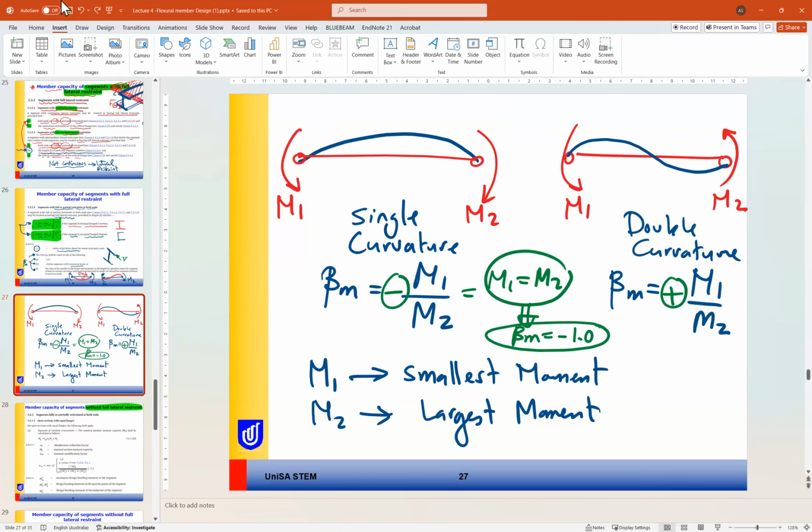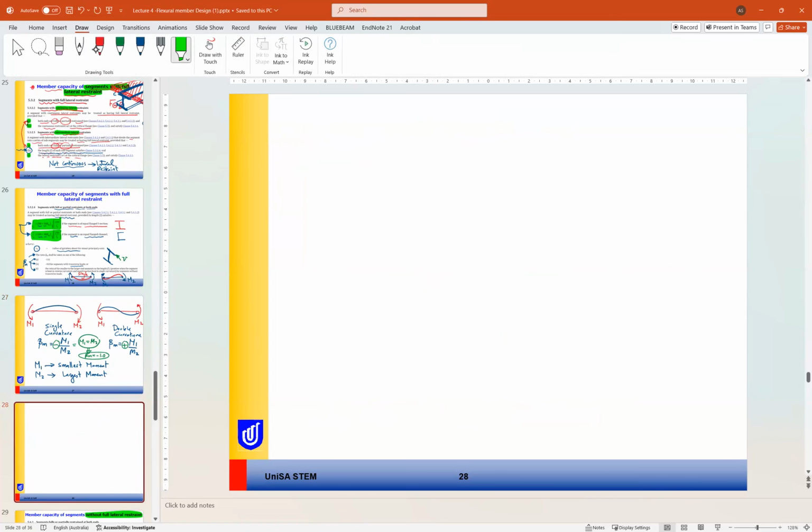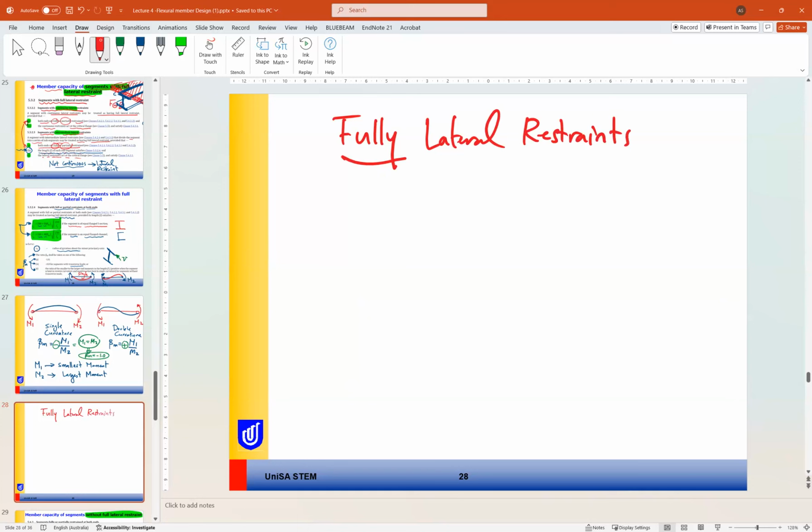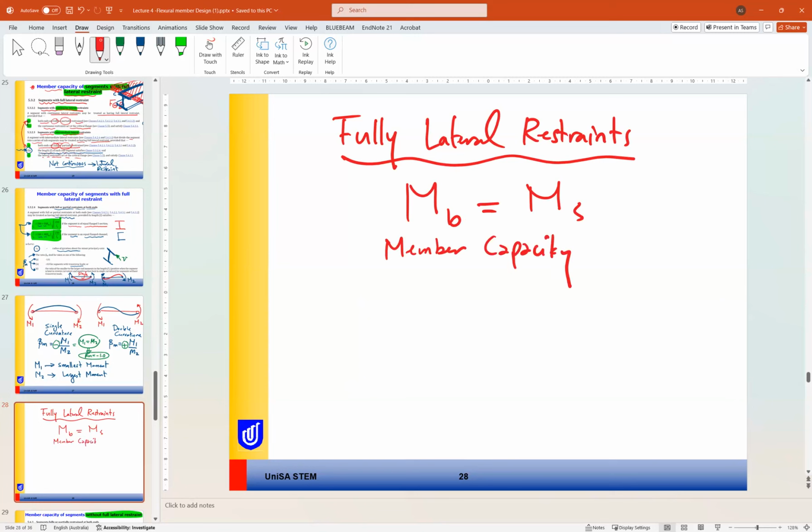Okay, so just to quickly recap. For members with full lateral restraint, when satisfying the conditions before, we consider that MB will be equal to MS. So for a member with full lateral restraint, the member capacity will be equal to the section capacity.